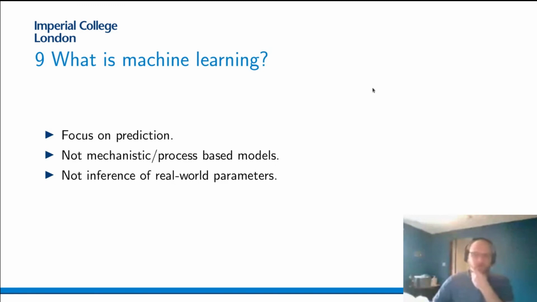So, what is machine learning? It's modeling where the focus is prediction. We're not aiming to get good predictions by building mechanistic models that are an accurate description of the world. We're doing very data-driven models that just do good prediction, and that's all they're made to do.